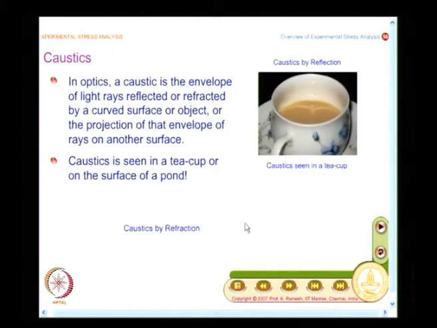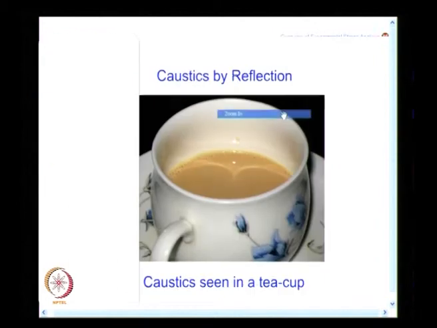And what I want to mention here is, a caustic is the envelope of light rays reflected, that is what we had seen earlier in the beginning of the course. It can also be refracted by a curved surface or object, or the projection of that envelope of rays on another surface. So, what you see here is a caustic by reflection.